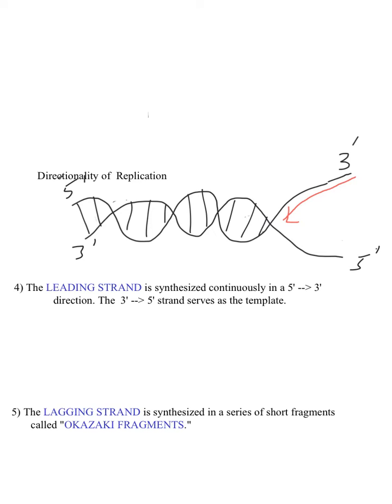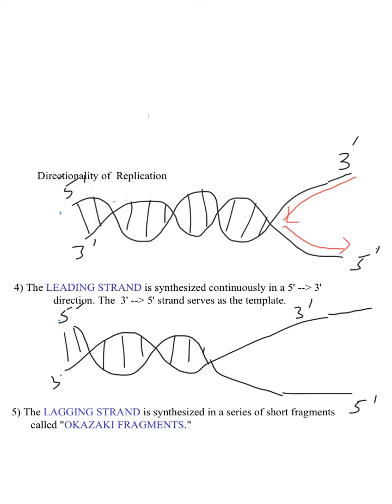So sure, we can start at this replicating fork and get to the end, but we have to go ahead and then start a new replicating fork so we can get another fragment done. So if we left off here, we can just keep on going. As long as that replication fork gets pushed forward, we can just synthesize continuously along this direction. However, if we left off here going in this direction, we have to start over here again and now try and connect them.